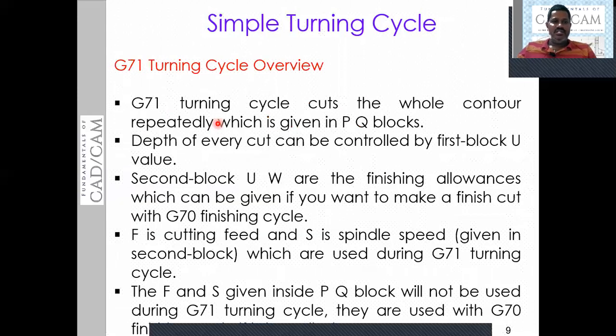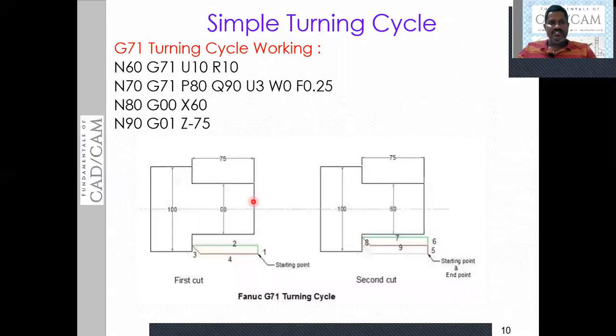So let me move further to see. What we have discussed so far is from the previous chapter. Let us discuss this with a sample of code. Now you can see we have a sample of code here: N660 sequence number, G71 U10 R10. This simple turning cycle consists of two blocks. The first block carries the depth of cut and the retract height.